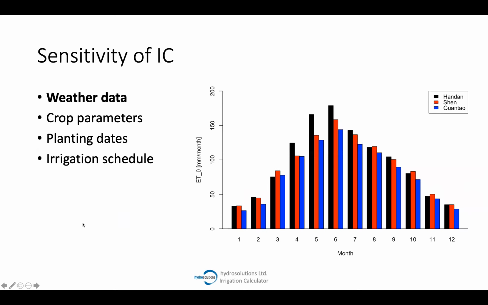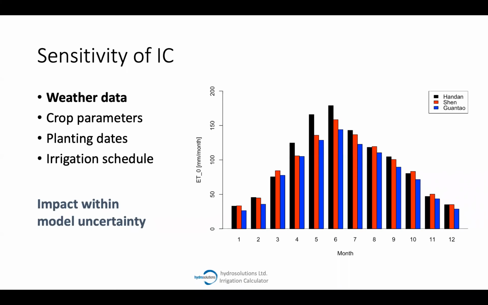Now, the sensitivity of the irrigation calculator, I will not spend much time here. We analyzed how sensitive the irrigation calculator is if you do not have a meteo station very close by to your area of interest. And we found that it is not super sensitive to it.